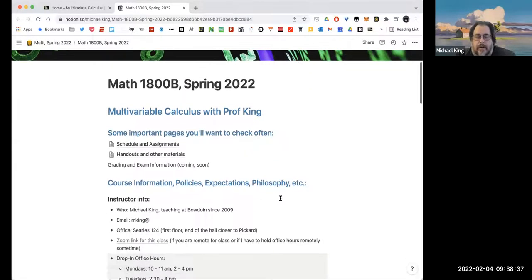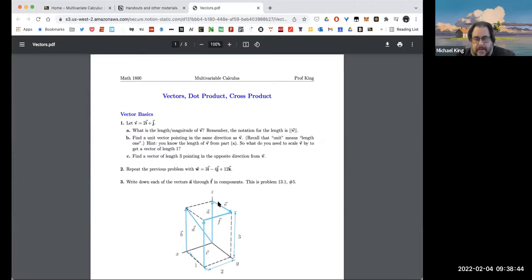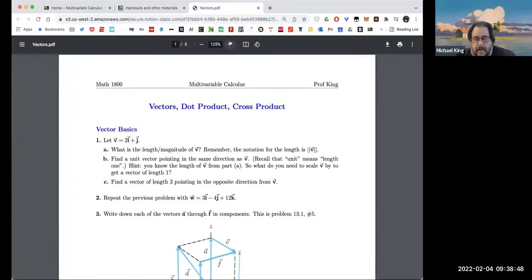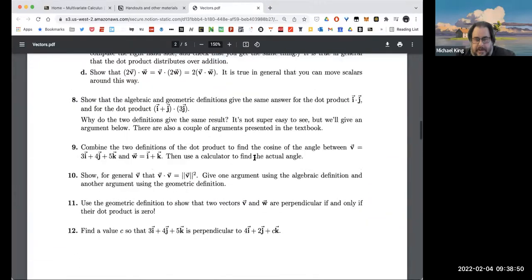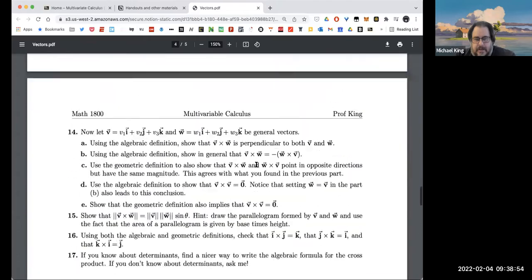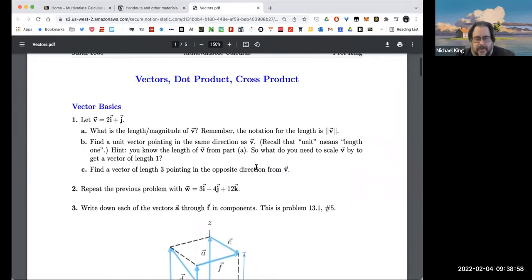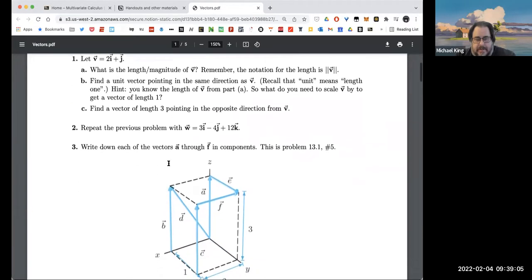Okay, so on the handouts page, there's this vectors handout. I'd like you guys to pull this up. Like I said, this is a long, 4-page handout with a lot of different stuff in it. It's going to take us into a good chunk of next week. But the first page is pretty straightforward, just a few basic vector problems.